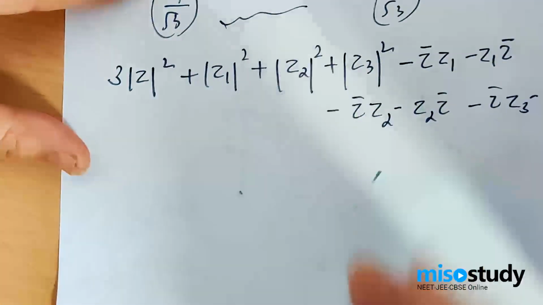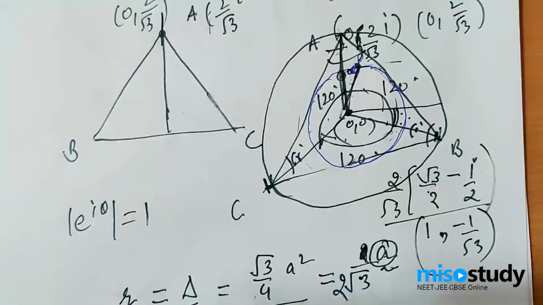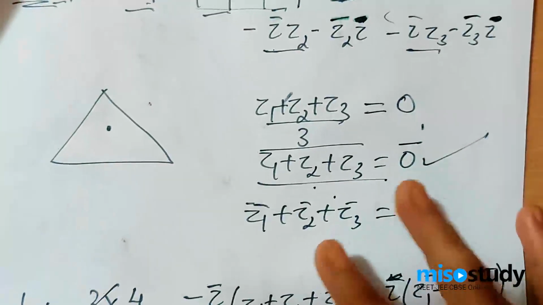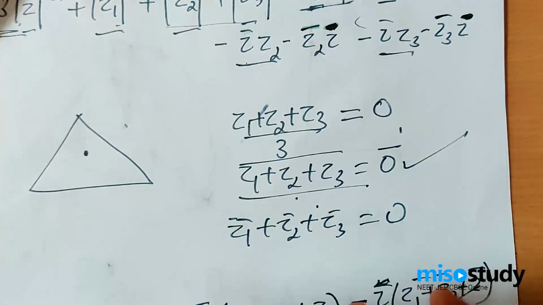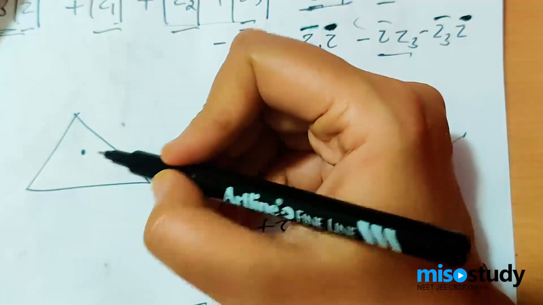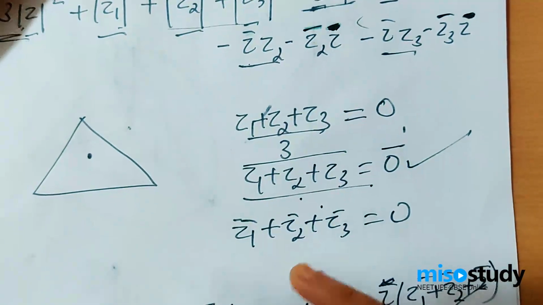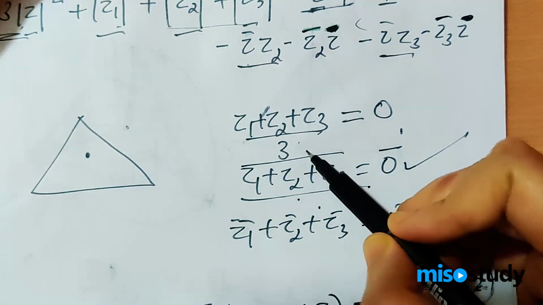Okay, now since this triangle is equilateral, there is this property that in an equilateral triangle, circumcenter, centroid, in center, they are one point. In this case, the centroid is Z1 plus Z2 plus Z3 by 3.